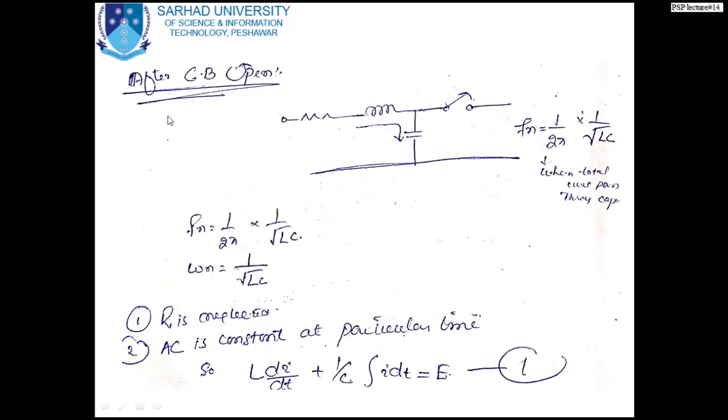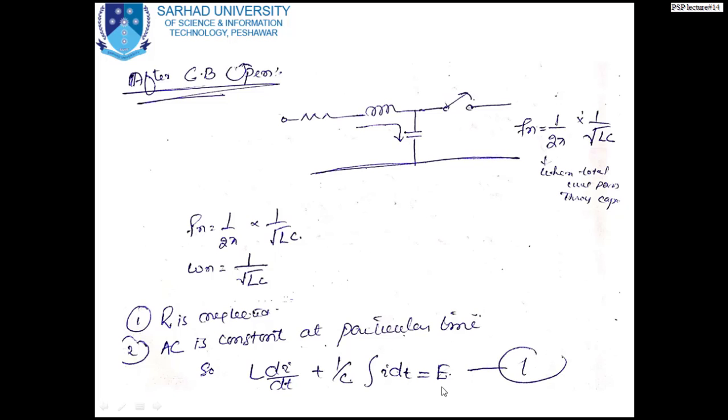Now, gentlemen, in this case R is neglected, because normally in power system analysis we neglect R. So we have the following equation: L di/dt plus 1/C integral of i dt is equal to E, where E is the applied voltage. You might be thinking that E, the applied voltage or system voltage, is not constant as we have represented it.